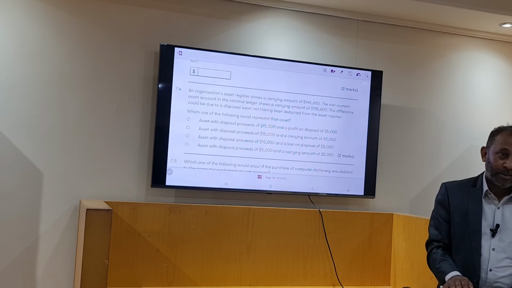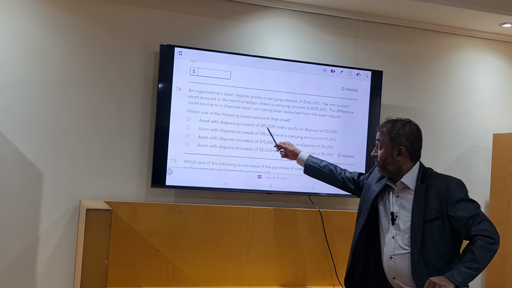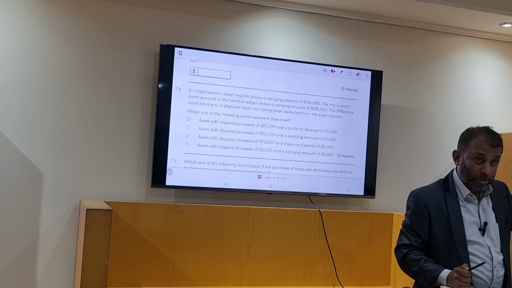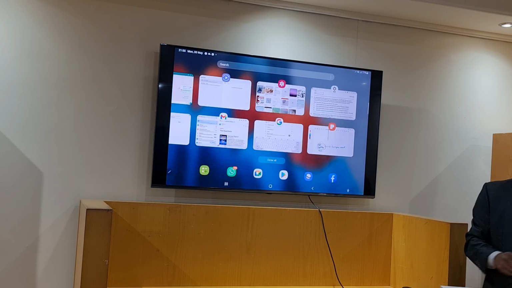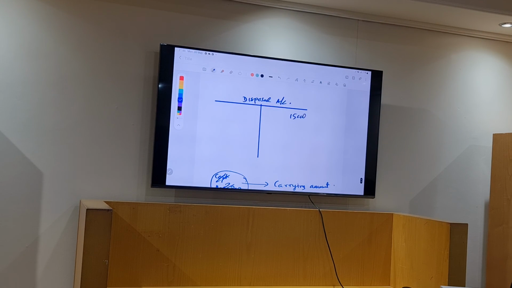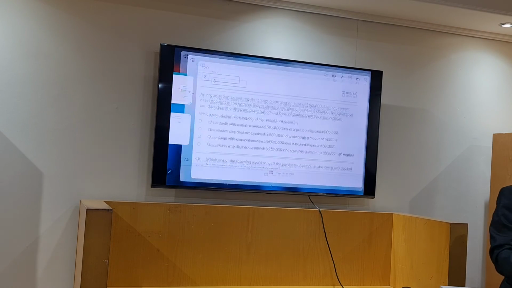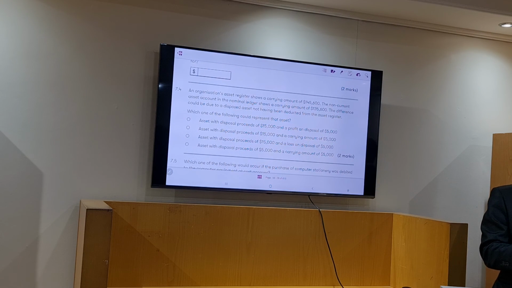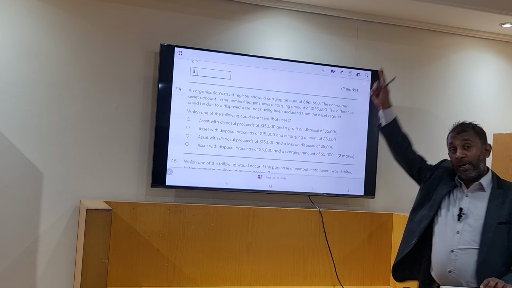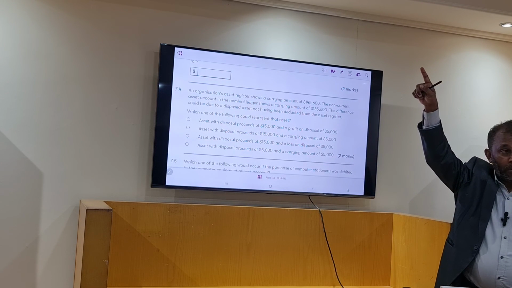Okay. Now let's find out the first one. 15,000, I am receiving cash. So I debit my cash book, credit the disposal account. So I credit here 15,000 and cash. Because of this disposal, they are saying you could have made a profit of 5,000. If it's a profit, I have credited my profit and loss account.